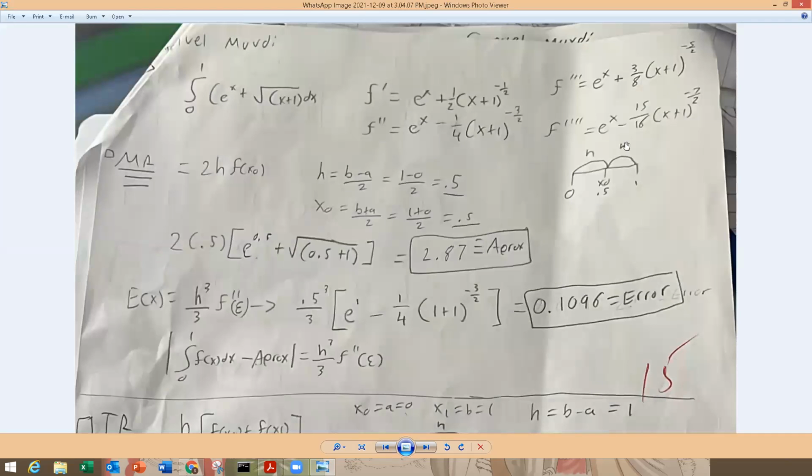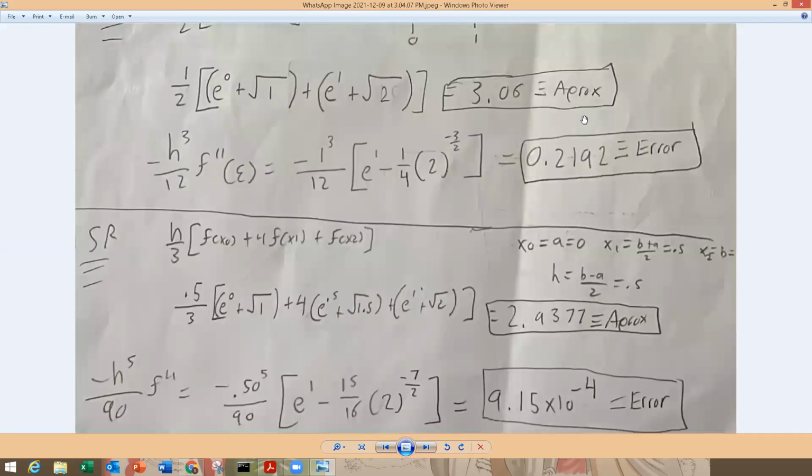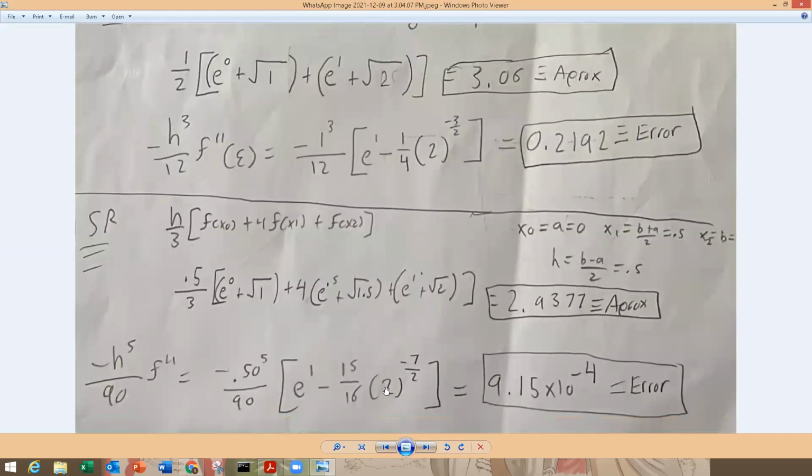So 4th derivative, I have it here. And when you go down here, again, this should be a 1. Yeah, you get a negative 0.5 to the 5th over 90. Then I plug in 1 here to make this the largest, and then this should be again a 1. But as you can see here, this one has the smallest error. Simpson should give you the smallest error usually. So don't be surprised if your error is super tiny.